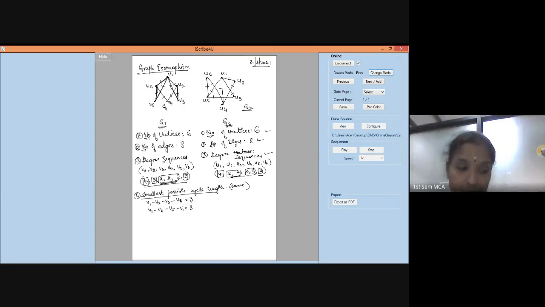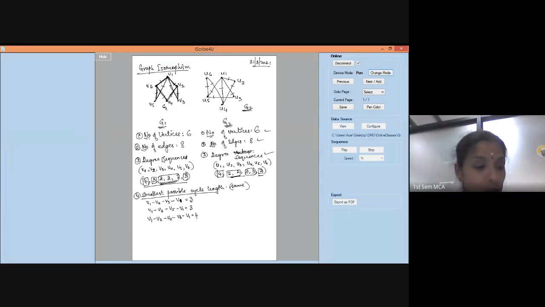Next, V1 to V2, V2 to V4, V4 to V6, and V6 back again to V1. That is also one cycle. This is of length 4, right? Because we have 4 edges here.